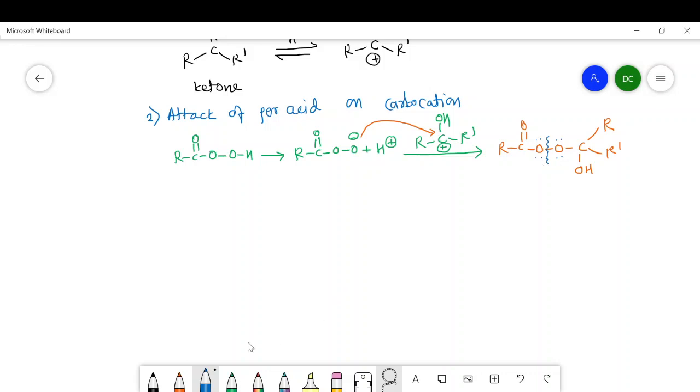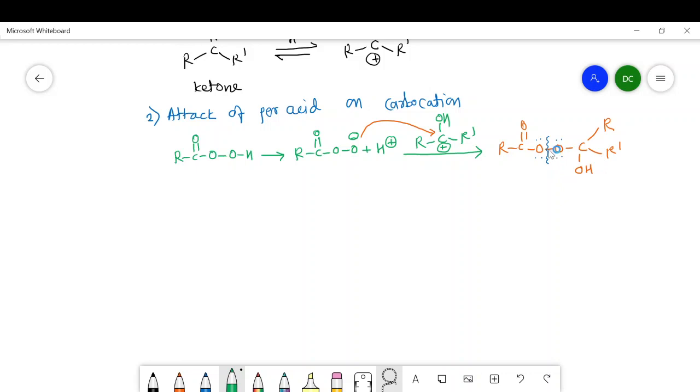And when it undergoes breaking, one of the alkyl groups, it may be R or R', is transferred from this carbon to the oxygen.